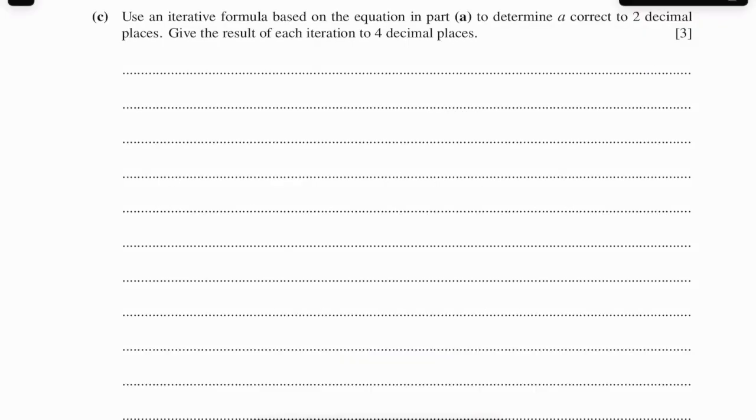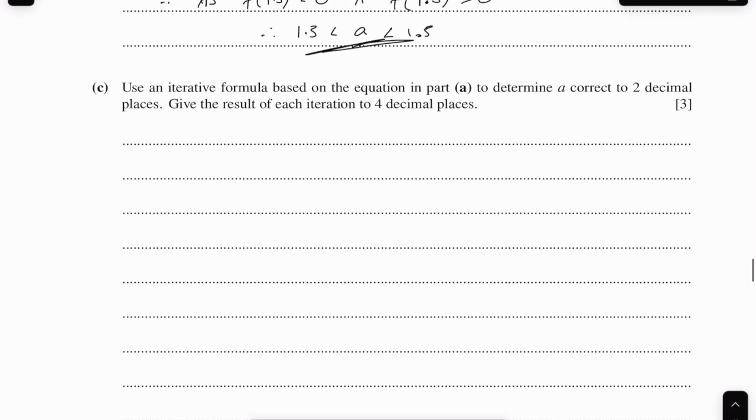Alright guys, now for part C, it says use an iterative formula based on the equation in part A to determine a to 2 decimal places, and I want the result of each iteration to 4 decimal places. You saw this was coming, right? So it's a very simple one. What lies between 1.3 and 1.5, a good place to start is therefore 1.4.